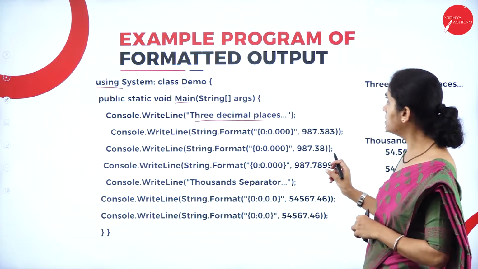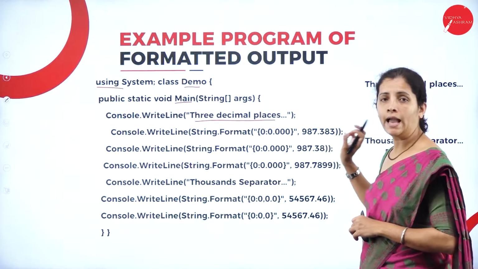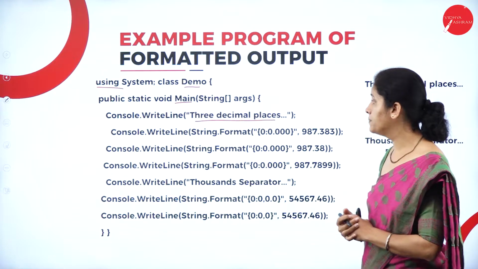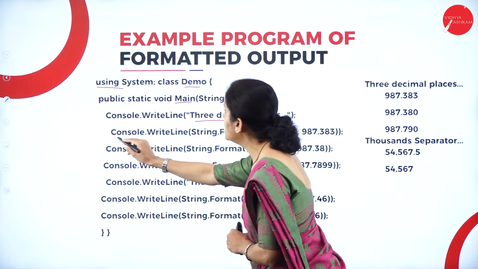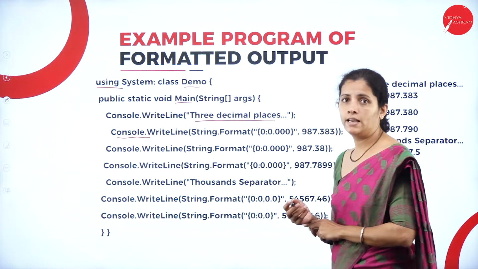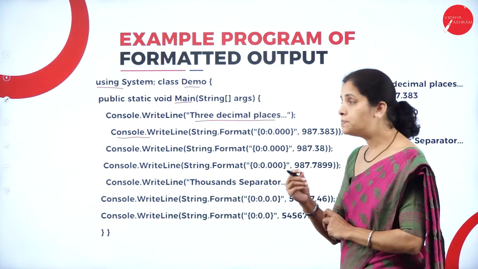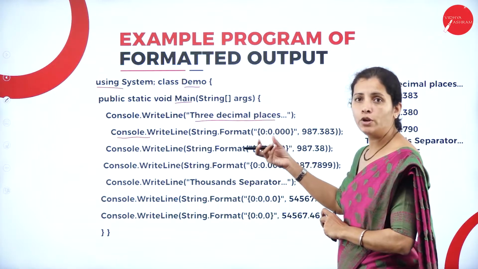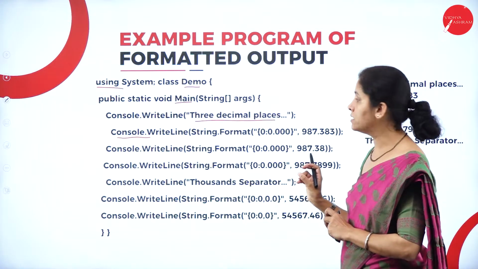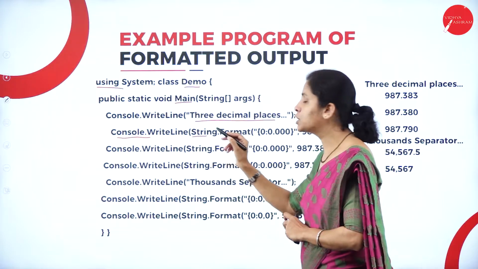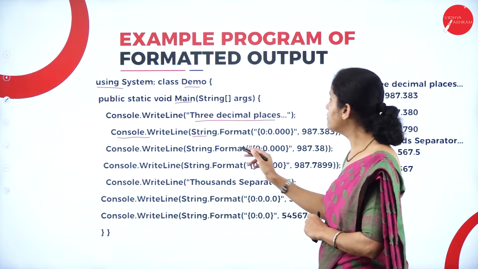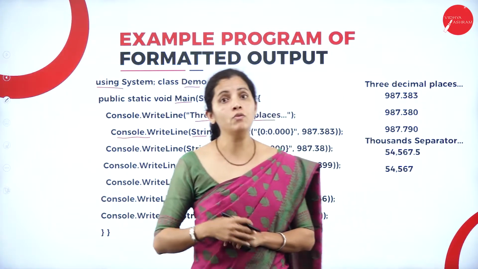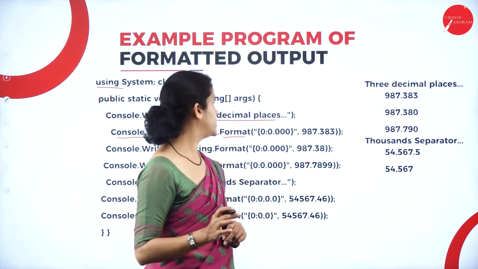That means whatever numbers I have, I can consider only 3 place decimal. And Console.WriteLine, I'm going to display the output on the screen, and I'm going to format the output. I have the object called string, and the method called Format, and it is mainly used to format the output.